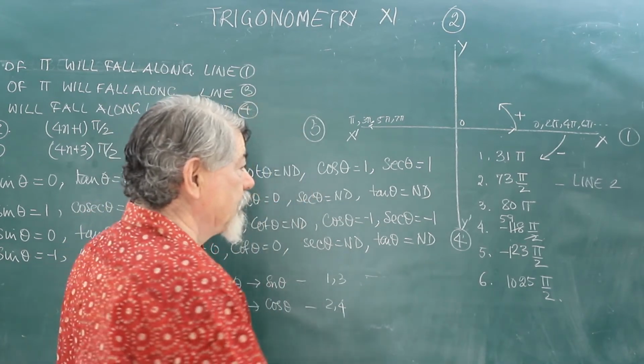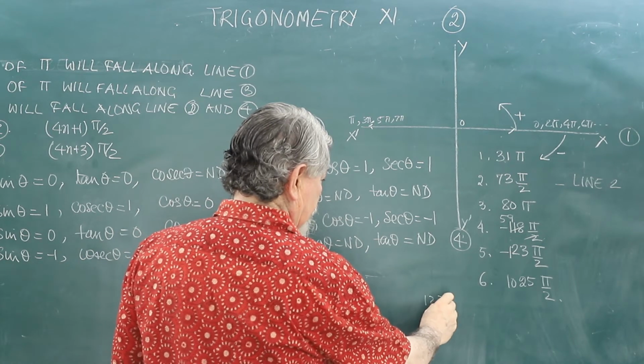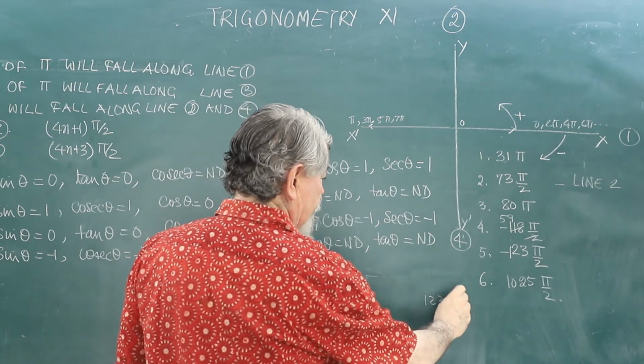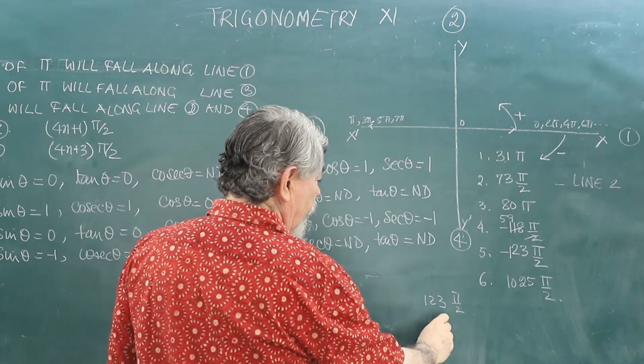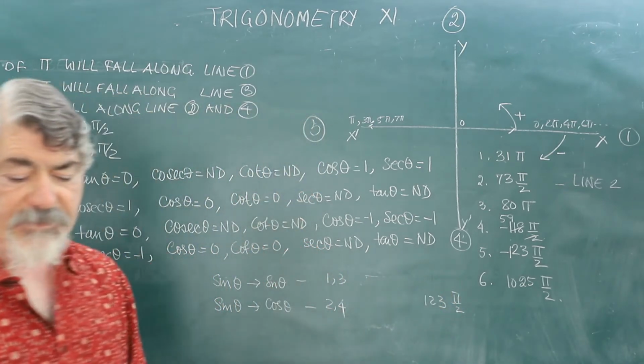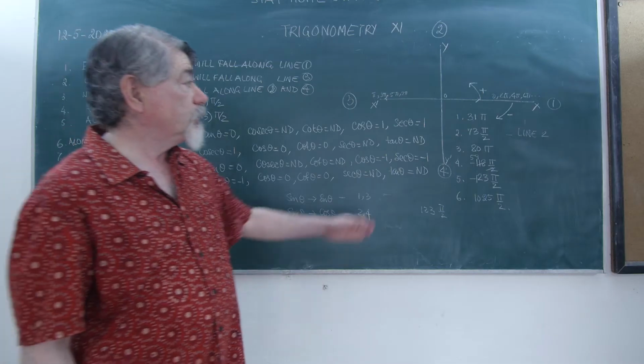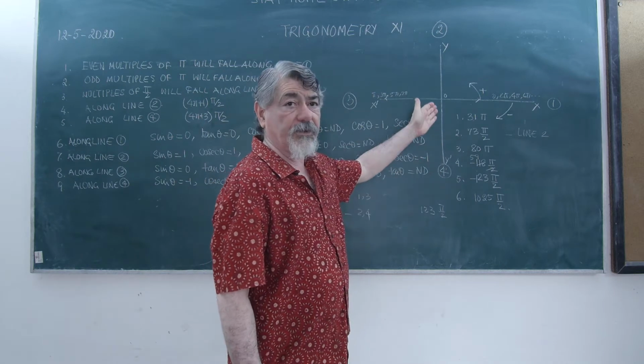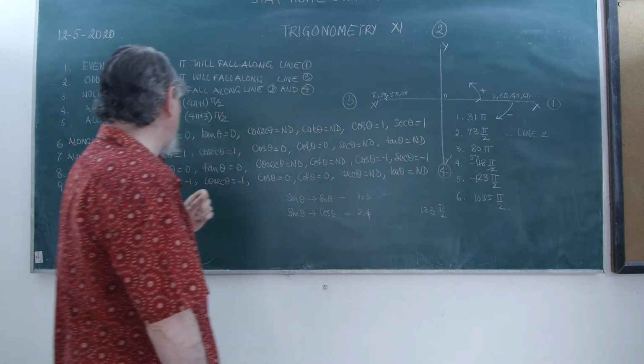But let us take 123 pi by 2. If I divide it by 4, a remainder of 3 will be left. So it will fall along line 4.